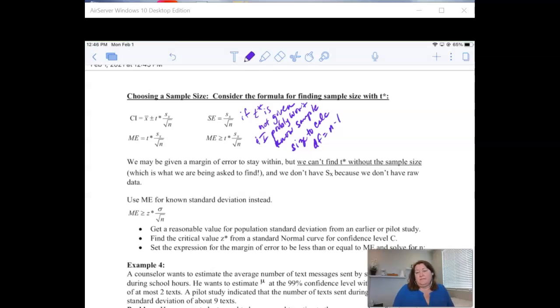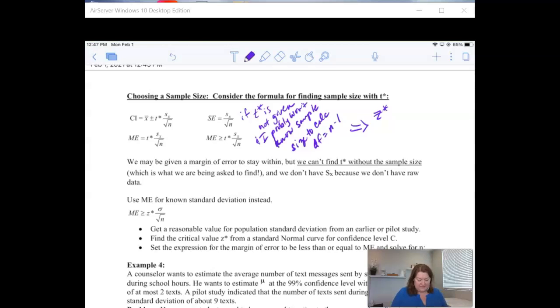Then I'm in all kinds of problems. I can't even put in two of these already, and I already have a major problem, right? So then all we're going to do is switch over to z star because it's the next best, closest thing. If we can't use a t star for whatever reason, we just switch back over to a z star and don't worry so much about it.